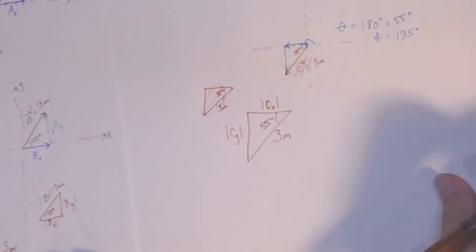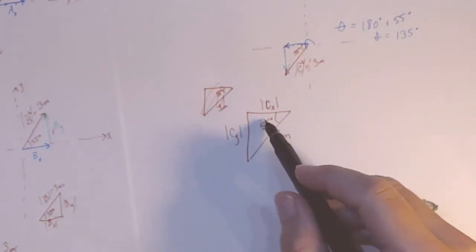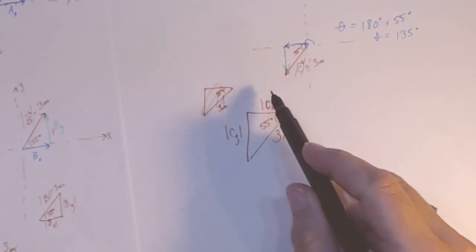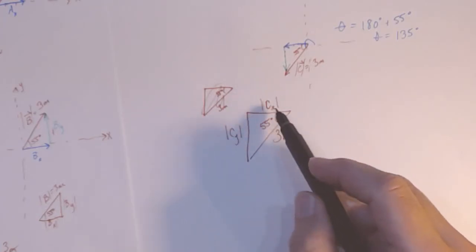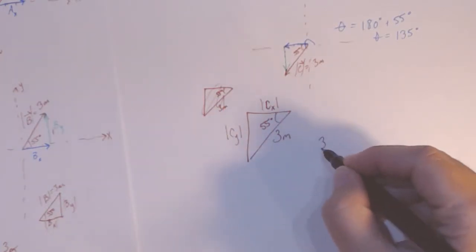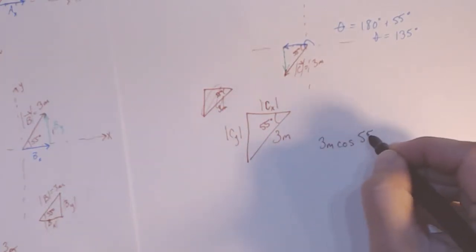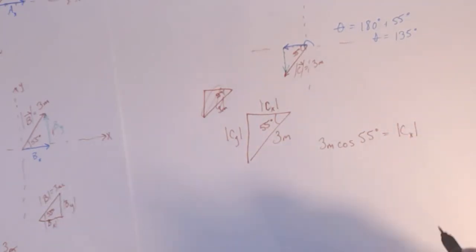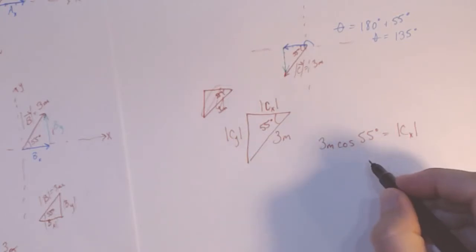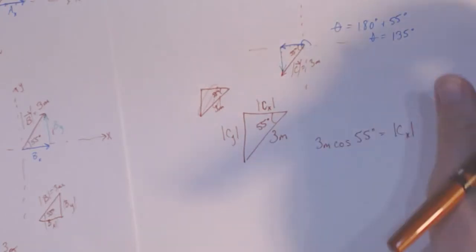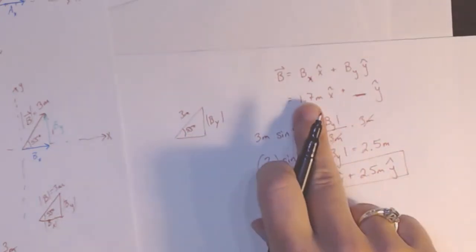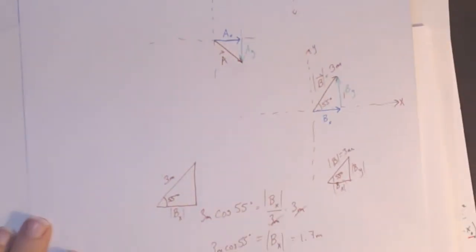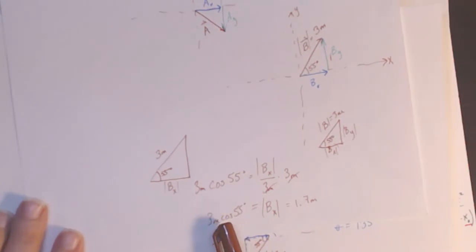All right, so when I come back here, if I want to solve for the adjacent side to the angle I know, that's going to be using cosine. I'll still have 3 meters cosine of 55 degrees gives me that adjacent side, which in this case is my x component. So I'll still have the same x component I had previously, which was 1.7, which I calculated using my cosine times the hypotenuse. So it's still going to be 1.7.